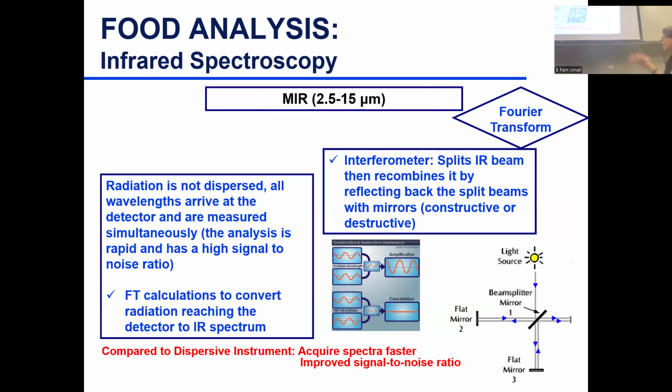That's an advanced characteristic compared to UV absorption and fluorescence. This Fourier transform allows us to quantitate based on regression calculations, converting all the transmitted light into a measurable spectrum.